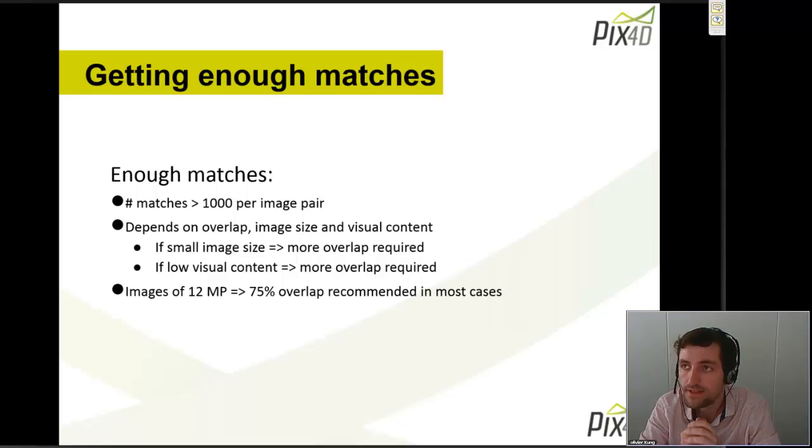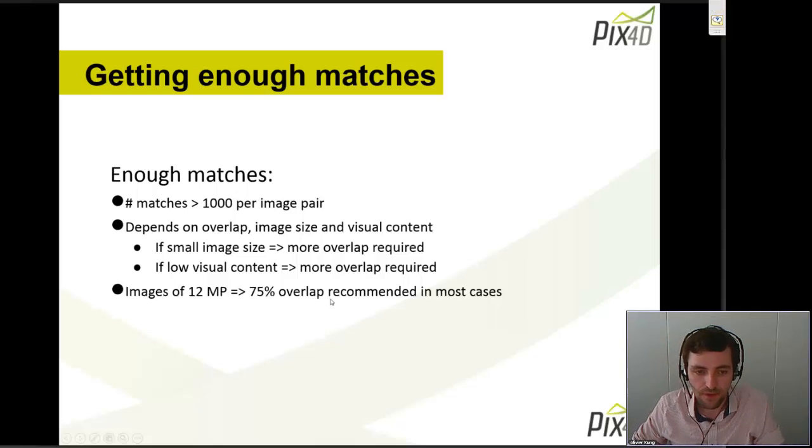However, let's say that we are in Antarctica and we are taking a picture of full snow, and there's not a single variation in texture, then the visual content is very low. And per image, even if it is 40 megapixel or 60 megapixel, you will only have a very small amount of visual content. And in that case, the way to get the right number of matches would be to have more overlap.